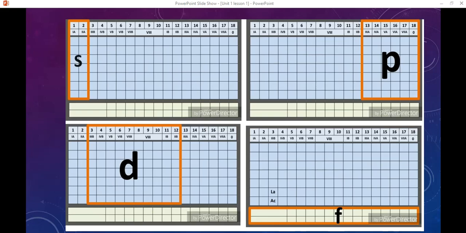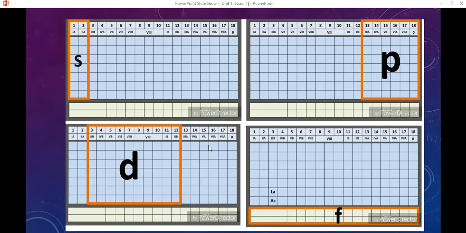So elements have groups named such as 1A, 3A, 3B. Also, elements in the modern periodic table have modern numbers starting from 1 to 18.